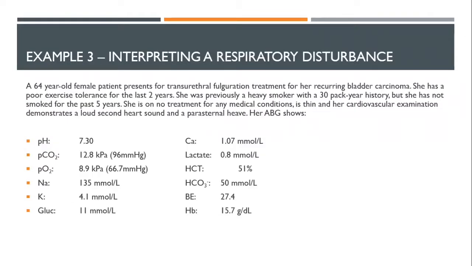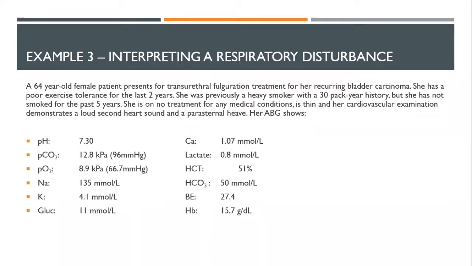Okay. Example 3, if we look at a respiratory disturbance. So this is a 64-year-old lady. She is presenting for a transurethral fulguration treatment for her bladder carcinoma. She's had a poor exercise tolerance for the last 2 years. She was a very heavy smoker before with a 30-pack year history, but she hasn't smoked for the last 5 years.